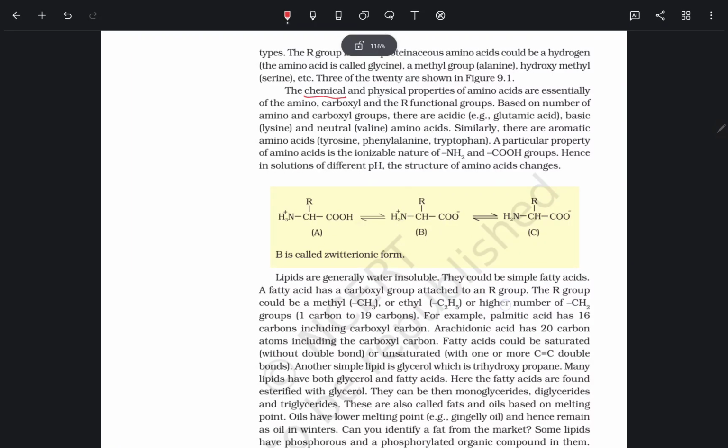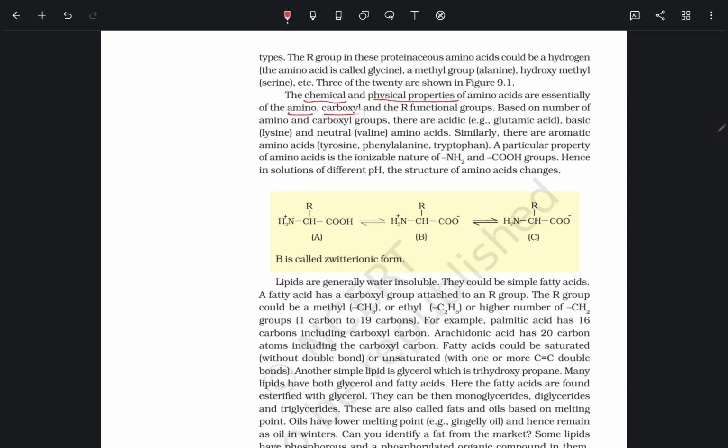The chemical and physical properties of amino acids are essentially of the amino, carboxyl, and the R functional groups. Based on the number of amino and carboxyl groups, there are acidic, glutamic acid; basic, lysine; and neutral, valine amino acids.